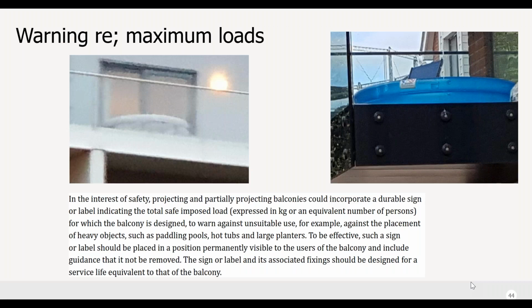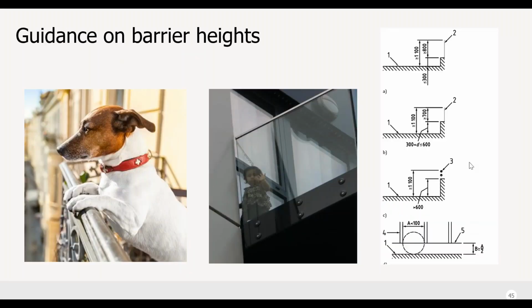It's certainly not a place to put a hot tub or a paddling pool, but that's one of the dangers that it does have.